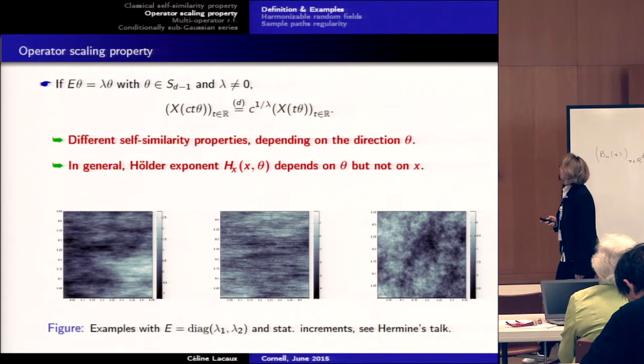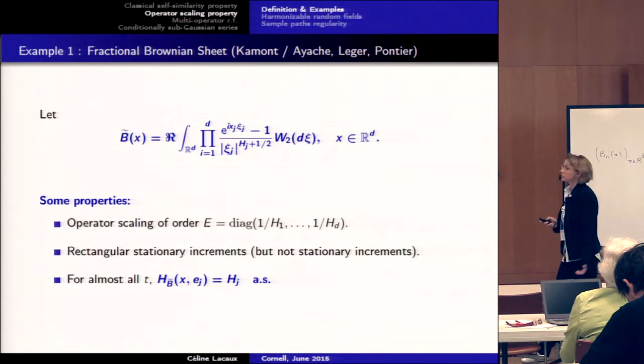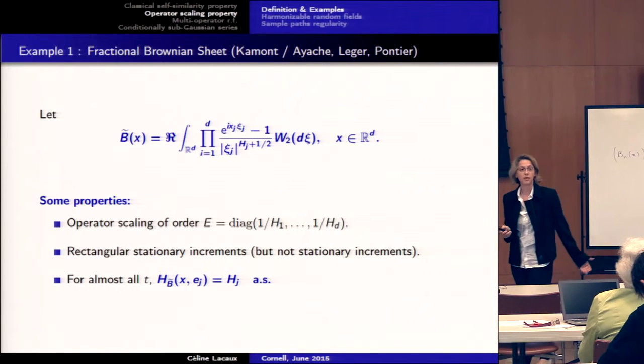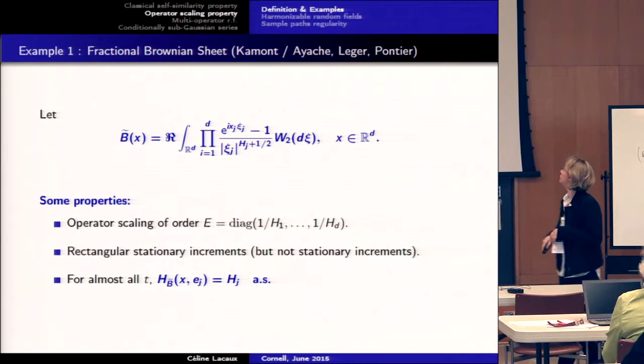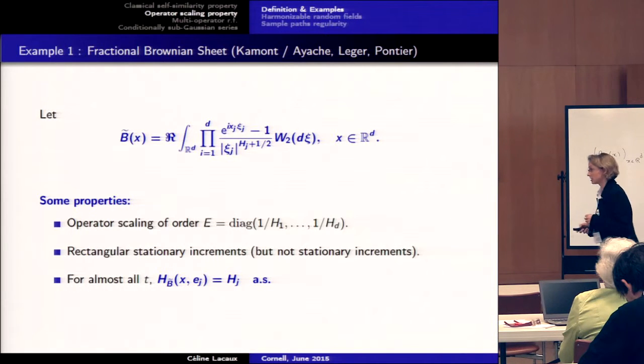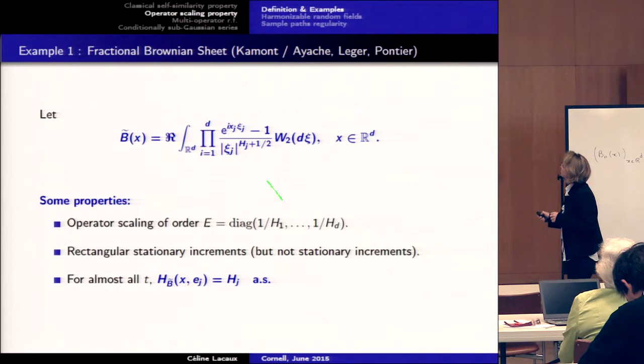So now, some examples. Maybe the first example we can give is the fractional Gaussian sheet. If you replace the kernel by this one, which is a product, you still keep a Gaussian measure.